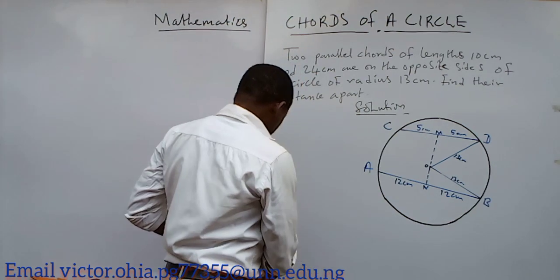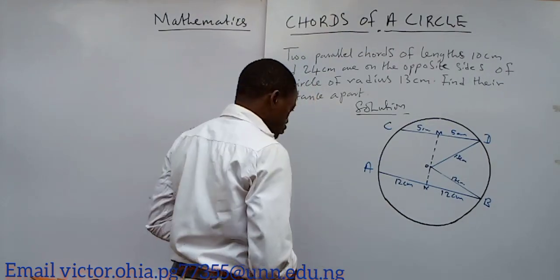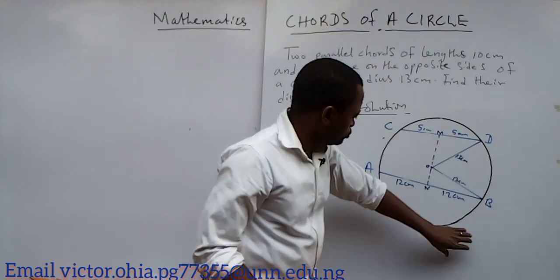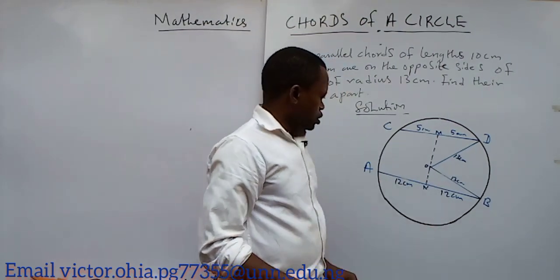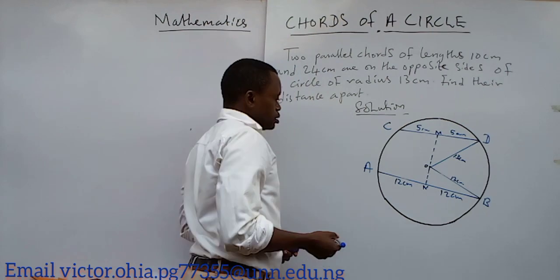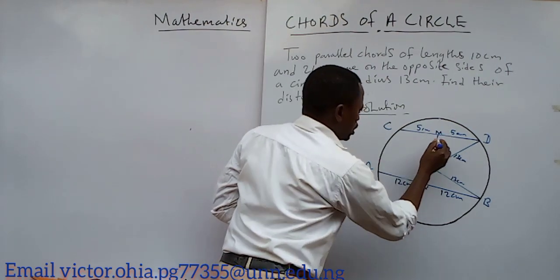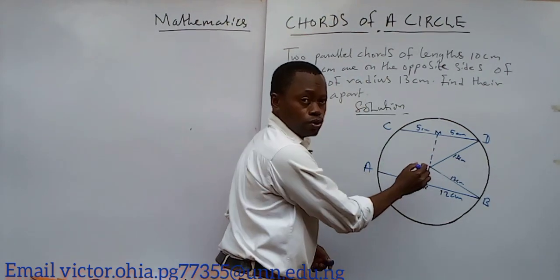Now, there are two things I want to extract from this place. I want to remove this triangle and also remove this triangle. Let me call here MO.